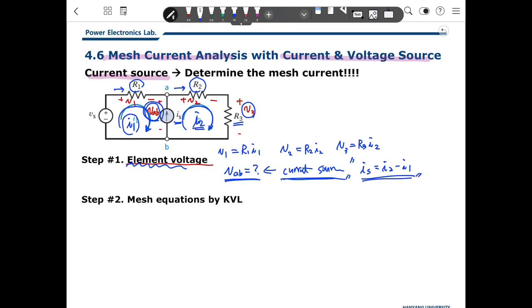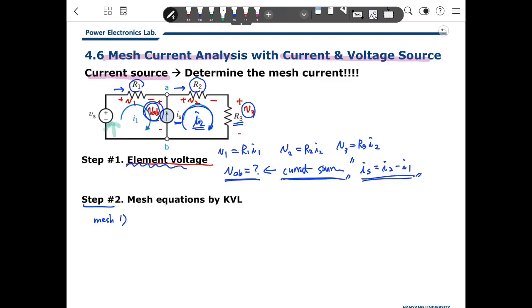Okay, first we define the element voltages, and the second step is to make a mesh equation by KVL, because we define two meshes here. First, mesh 1. We will start here.